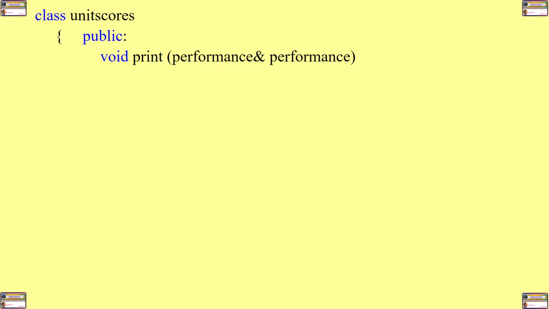That's why we are receiving the address. So in other words, the parameter that the print function is receiving is the address of the class called Performance.